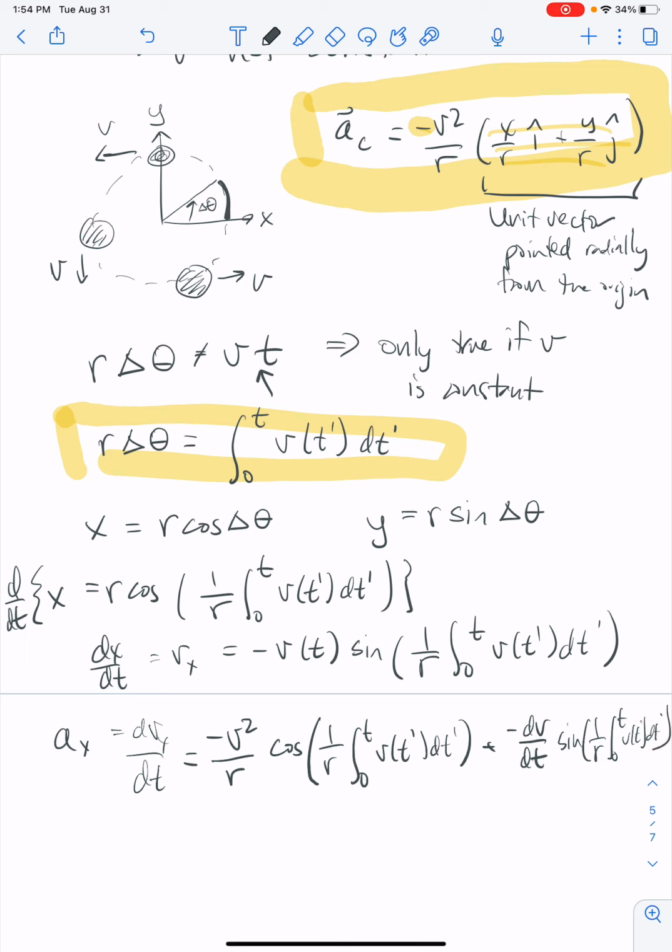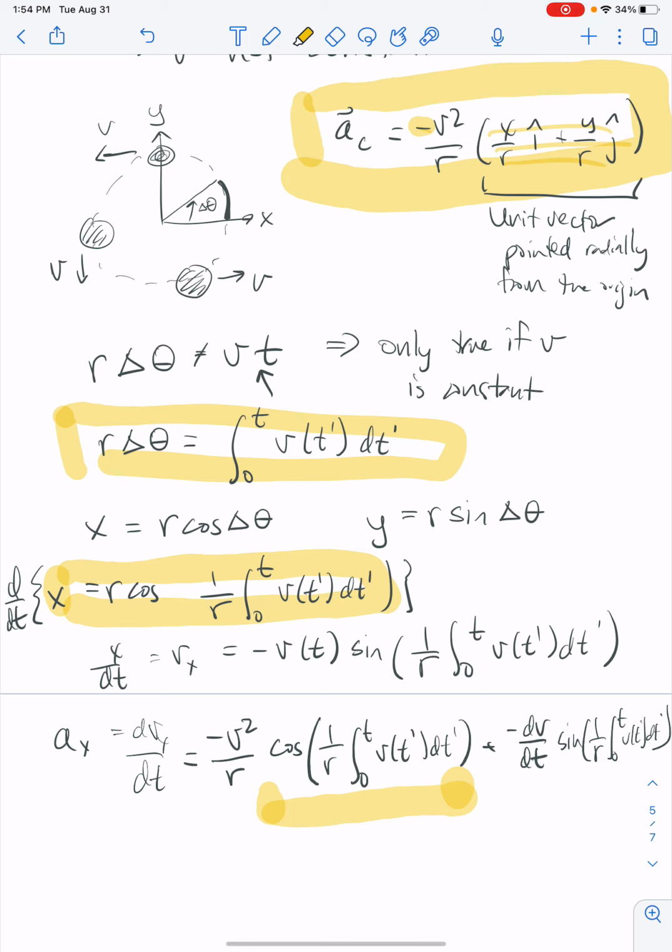Okay, all right. Now, this thing looks very ugly, but we can actually simplify it quite a bit if we notice that this part looks very much like our definition of x up here.